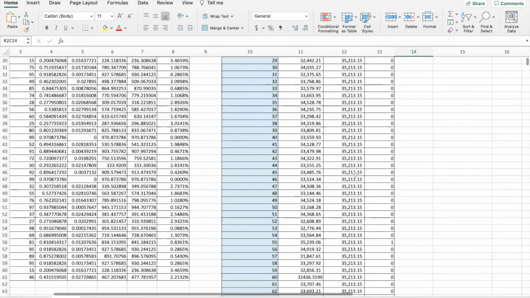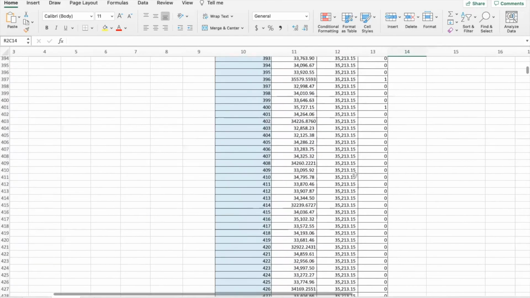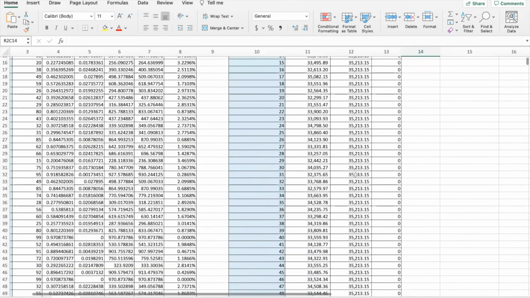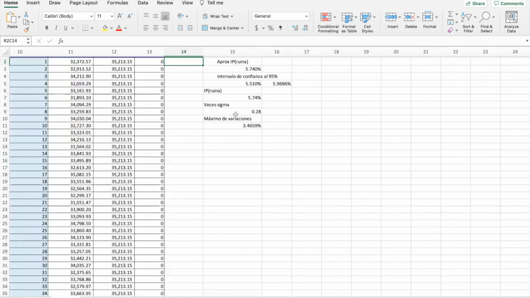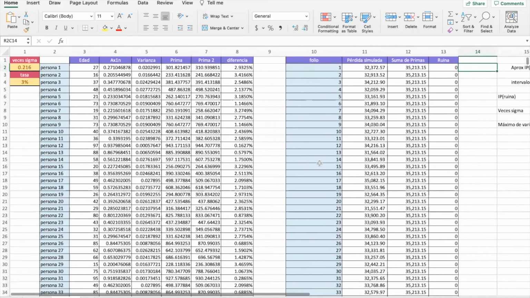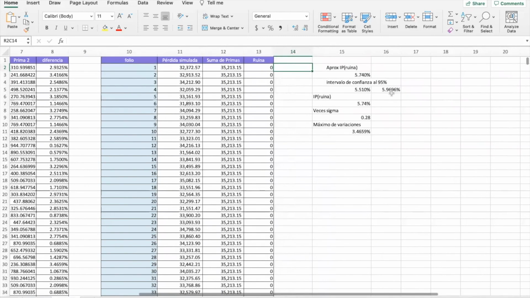So we have a lot of simulations, but also our constant K was augmented from 0.216 to 0.28. This is how we ended up with a more similar probability over here. And that also tends to 5%.